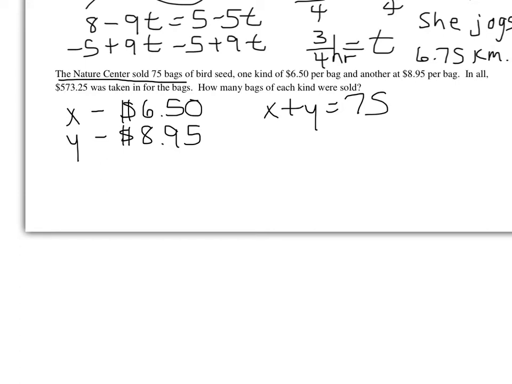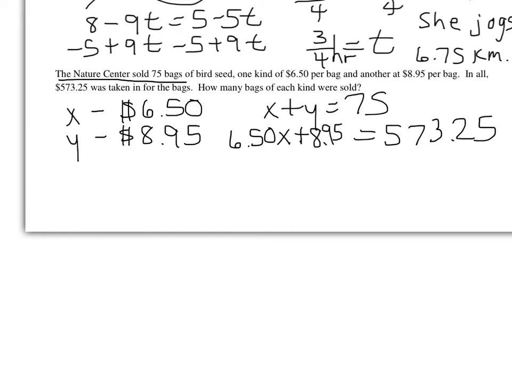We know that we're going to take in $573.25 after we sell all these bags of birdseed. So we're going to get $6.50 for each x bag, and we're going to get $8.95 for each y bag. That gives us two equations. That's our system of equations. We need to solve for x and y this time.